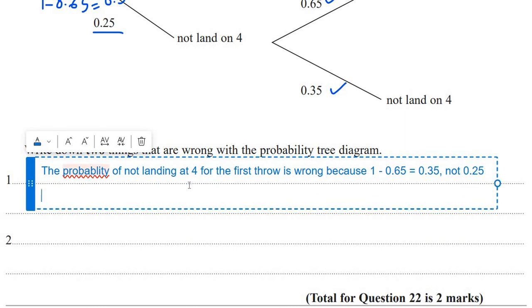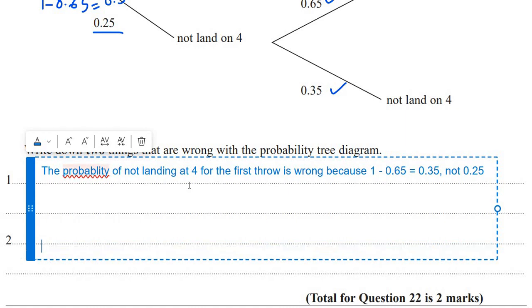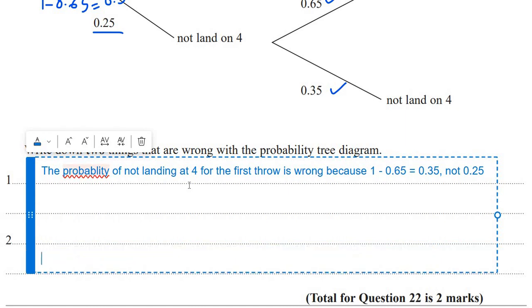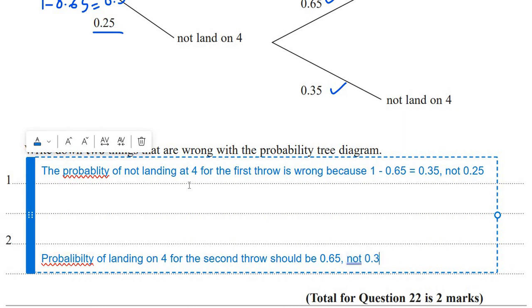So this is the first mistake. And the second mistake is the probability of landing on 4 for the second throw should be 0.65, not 0.35.